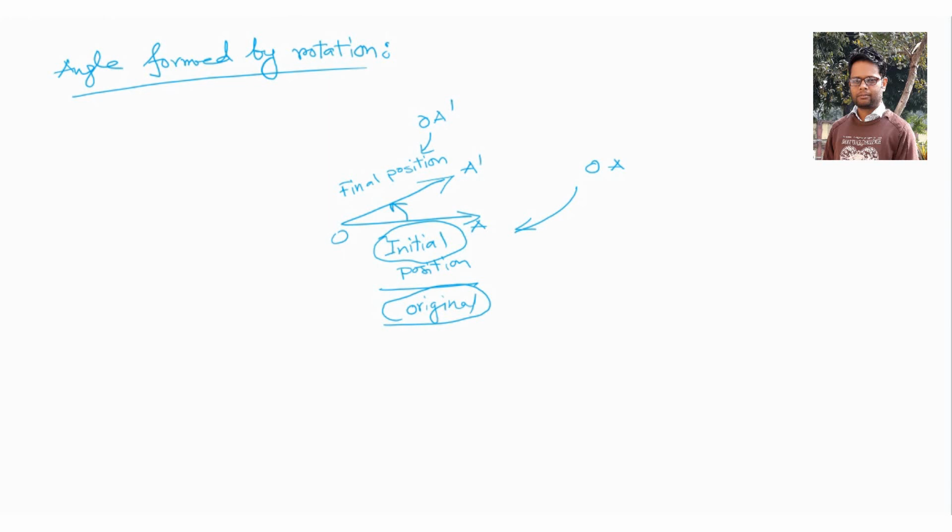At any particular moment, the position of ray OA, that means OA dash, is termed its final position. It can be observed easily that the initial position OA and the final position OA dash form an angle AOA dash.